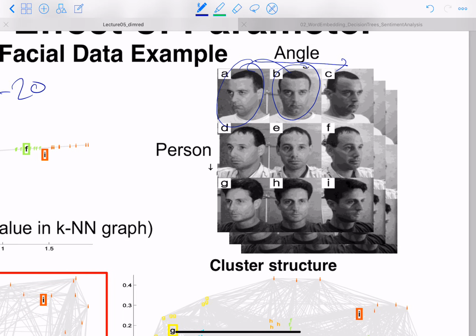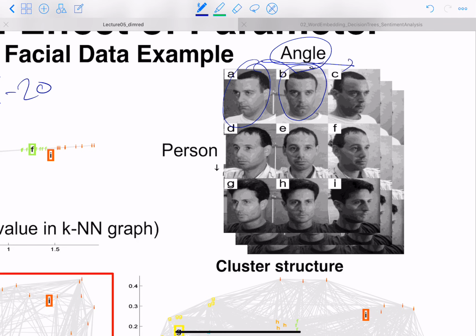Then we have this angle axis that creates meaningful variations in our data. Also, suppose we took photos of different persons, and then we may have another variation caused by different person ID.